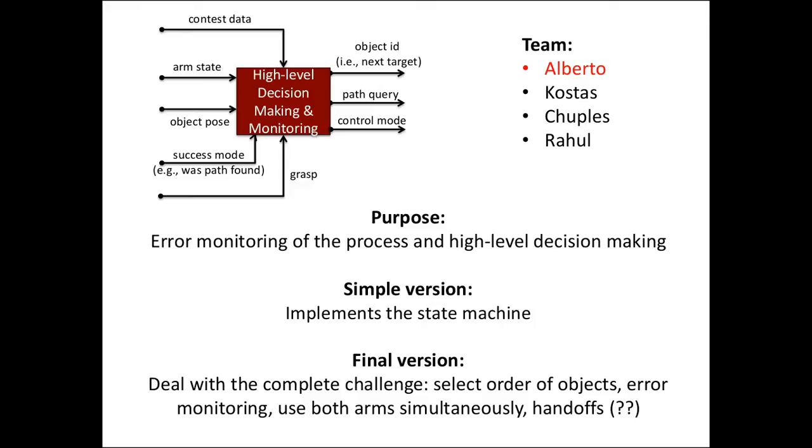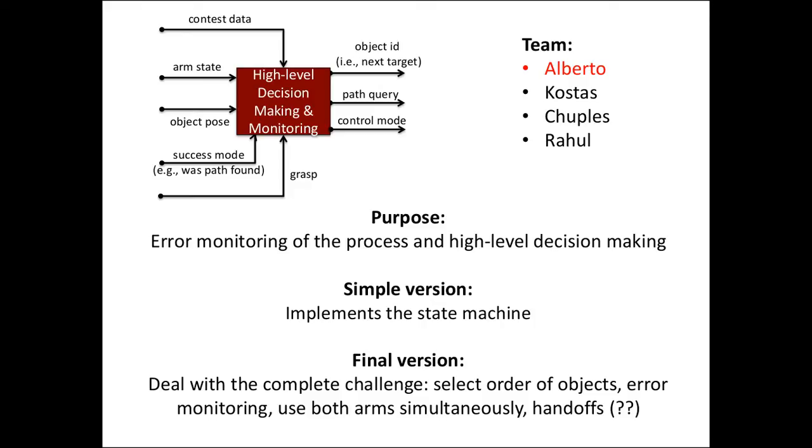In the simple version of this model, it will implement this state machine. In a more refined version, it will deal with the complete challenge of, for example, selecting all objects in the list that are not in the sequence of the list itself, but selecting the easiest item to pick, for example.